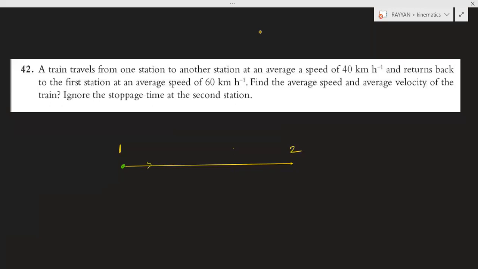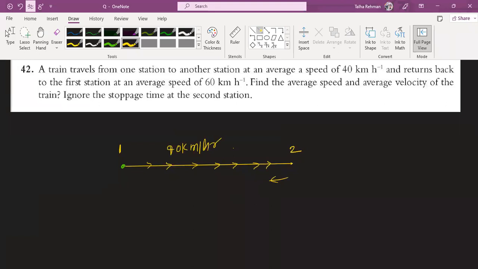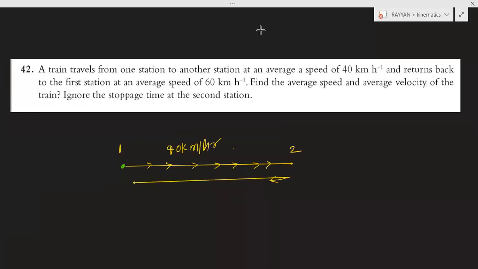So the train is moving from station 1 to 2, and when the train is moving in this direction, the average speed is 40 km per hour. On returning, the average speed is 60 km per hour.